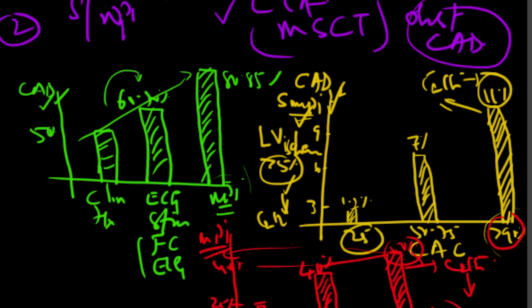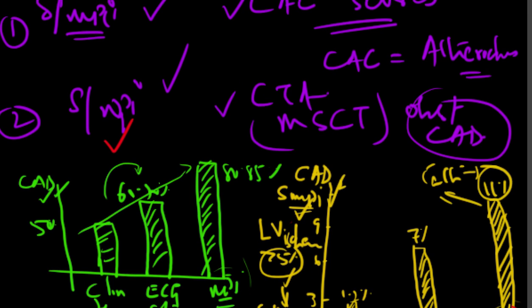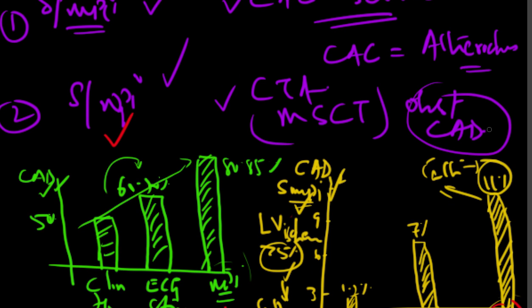So in a nutshell, the take-home message is very clear that stress MPI is the way to go, regardless whether you have CTA performed in these individuals, or regardless whether you have a coronary artery calcium score performed in these patients, because the chances are that even with an extensive coronary artery calcium score, you'll only diagnose 10 to 11% of these patients to have coronary artery disease of a significant physiological stenosis, enough to be treatable by intervention.